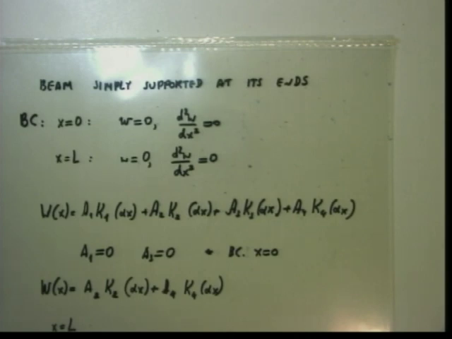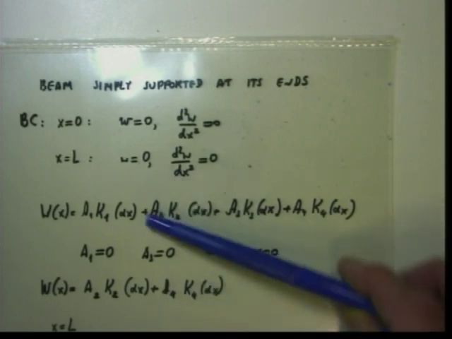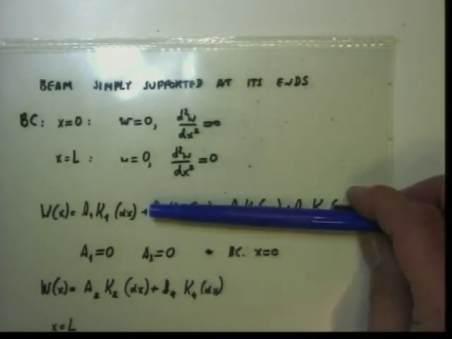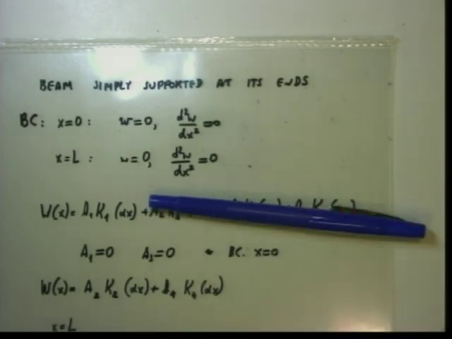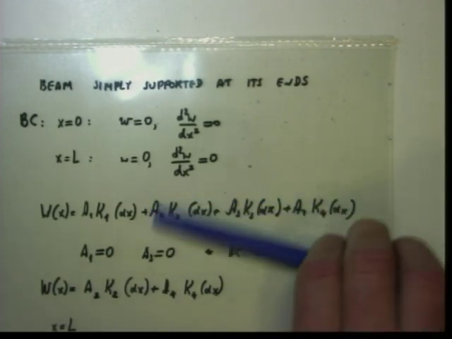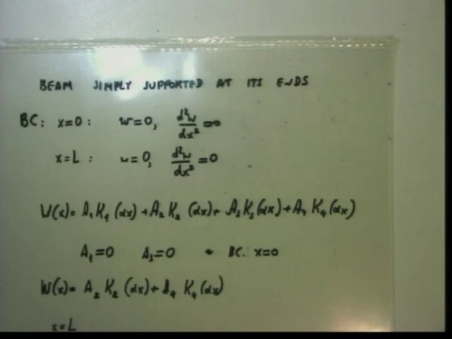That means A1 K1 of 0 plus A2 K2 of 0 plus A3 K3 of 0 plus A4 K4 of 0 must be 0. But K2 at 0 equals 0, K3 at 0 equals 0, K4 at 0 equals 0. So they fall away automatically when I substitute 0. And K1 at 0 equals 1. So from that condition, I get A1 must be 0. Otherwise, W at 0 will not be equal to 0.